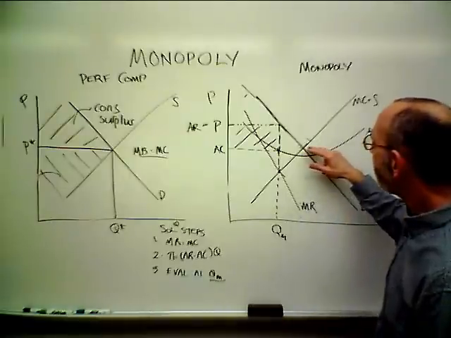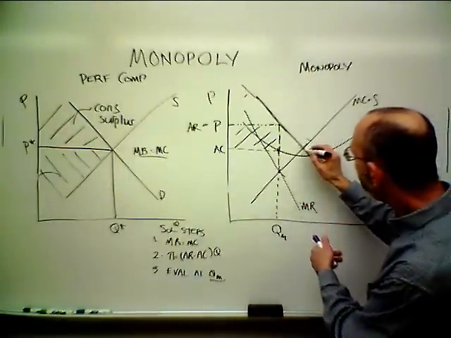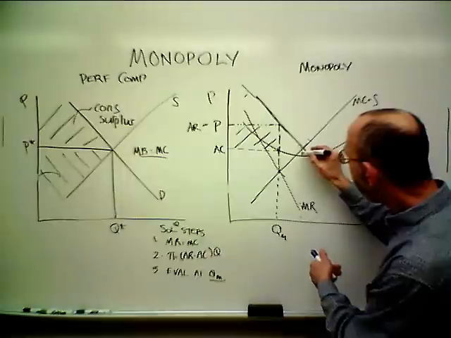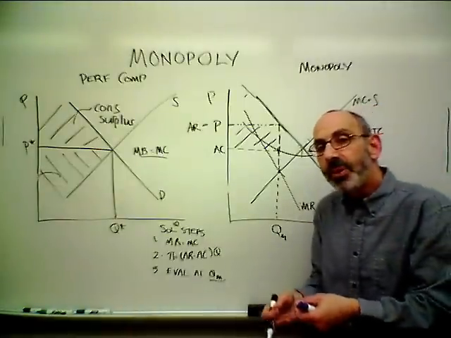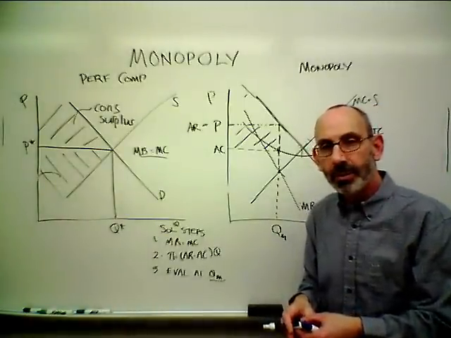However, if we were to go out here, we would now have an output level that's here, but you can see that at this output level, average total cost still is below average revenue.